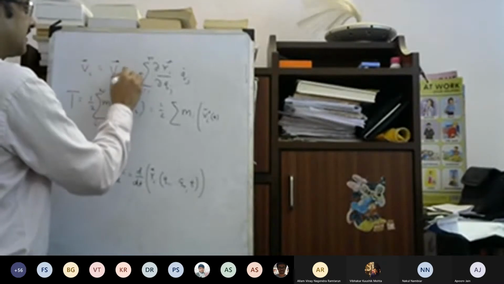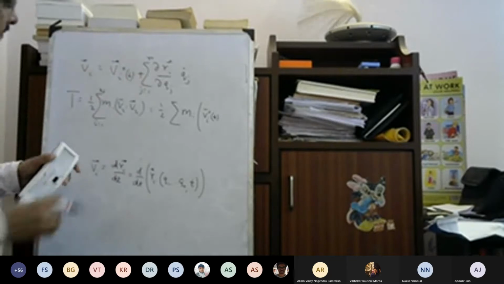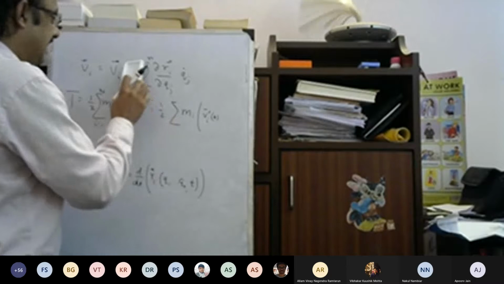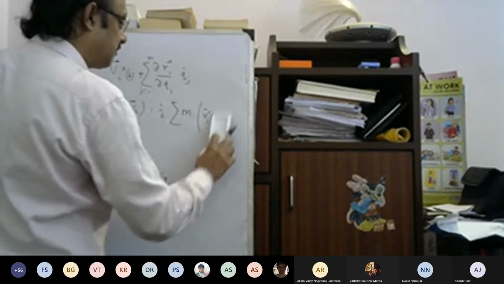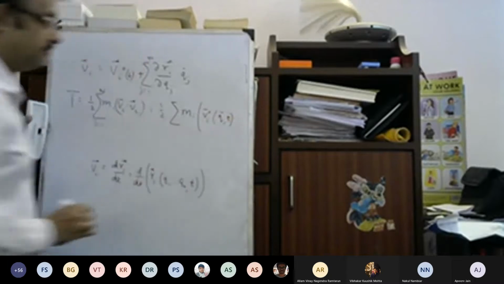Vi naught, which is a function of time. It's just a derivative. Of course, it is a function of not only time, but also of q1, q2, and all this stuff. So therefore, you can also write down q and time.